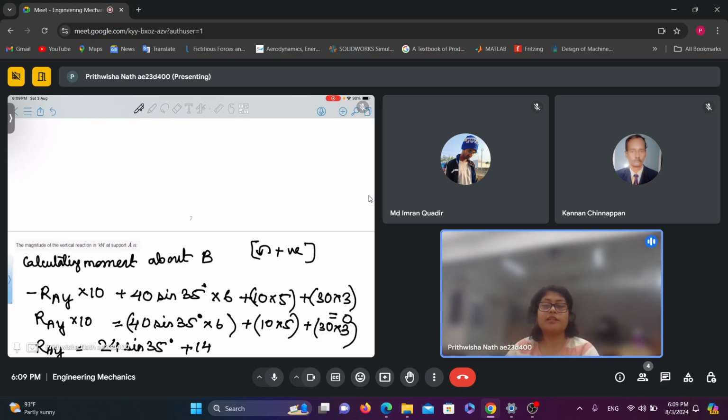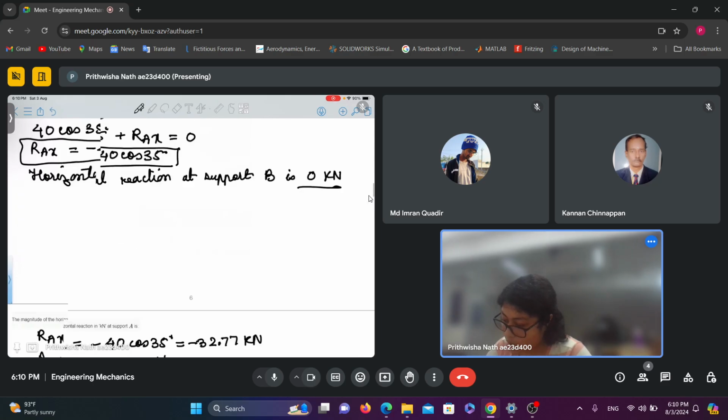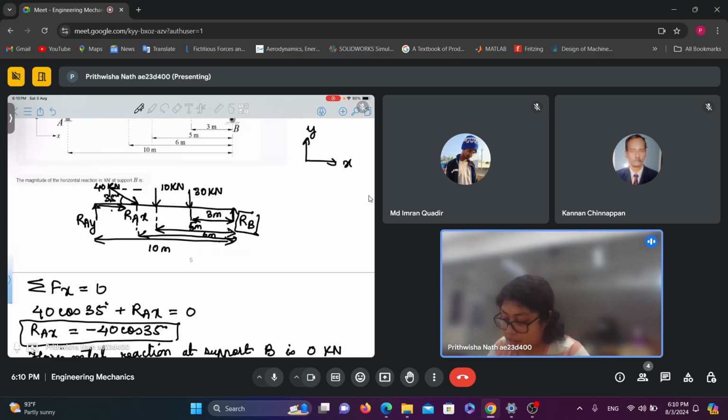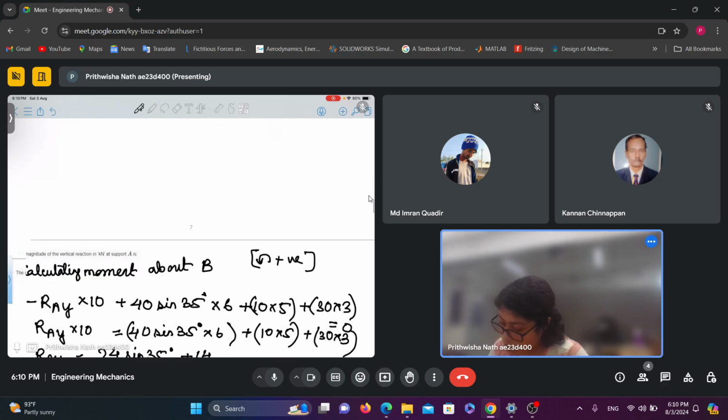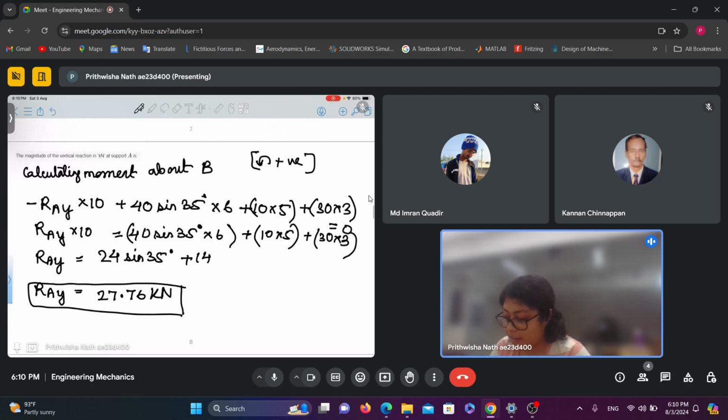So I have assumed the anti-clockwise direction to be positive. So RAY is having a positive moment about B, so minus RAY into 10.